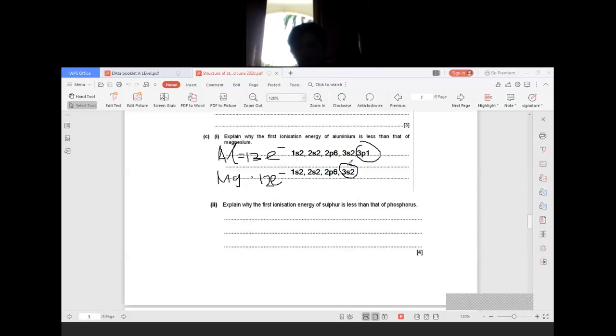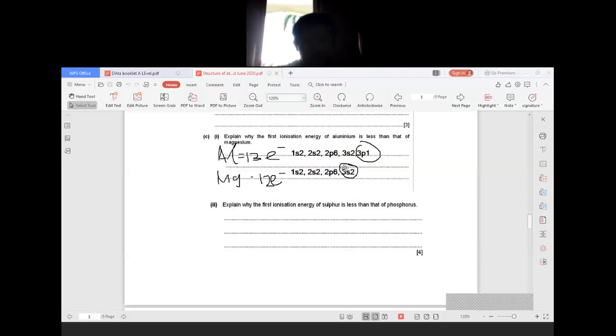The p orbital has more energy than the s orbital. That's number one. So this one has more energy than this one, 3s2.